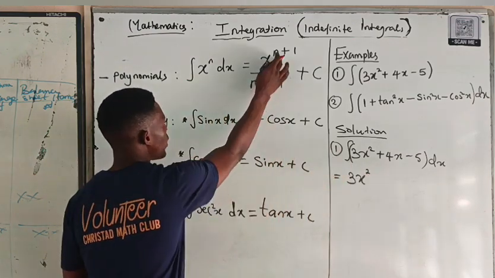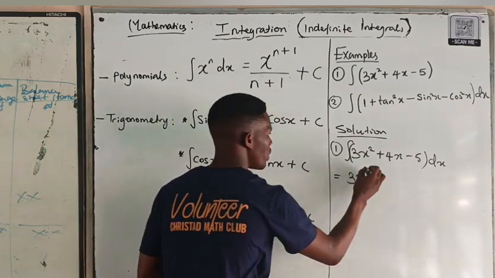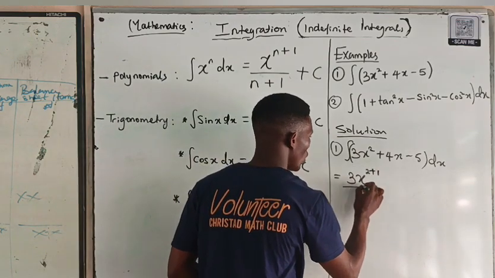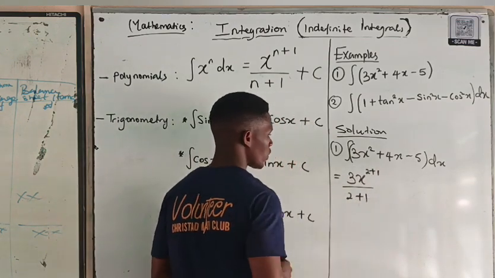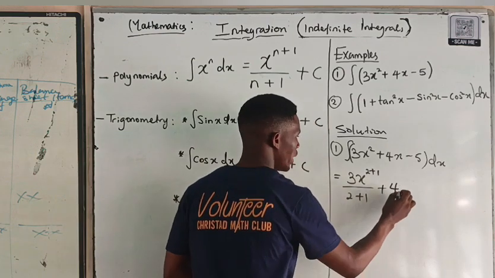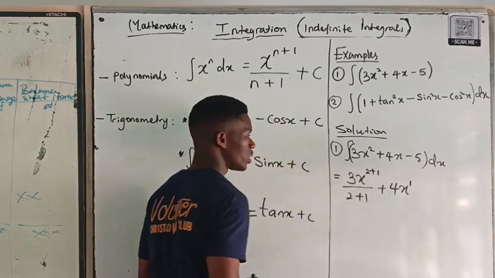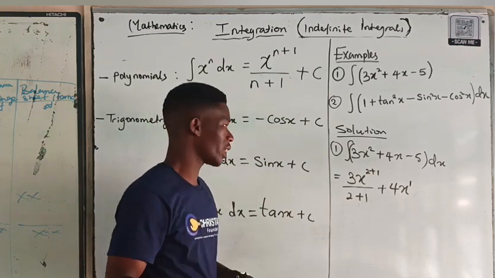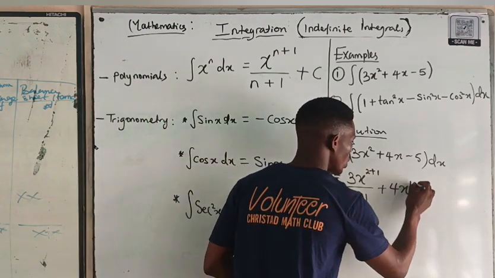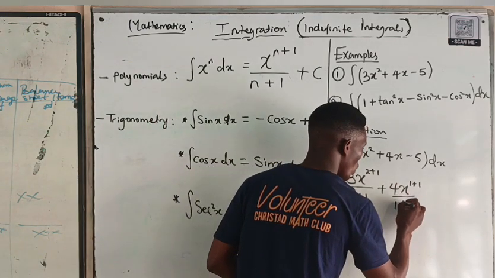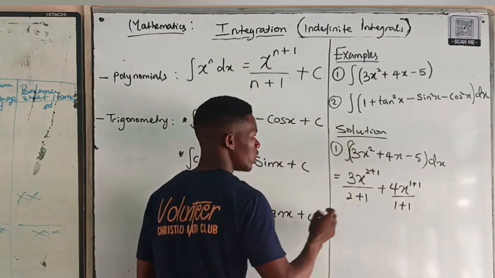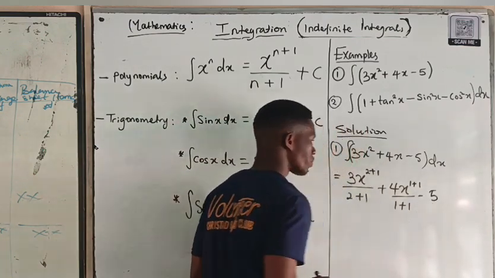Following this, we add 1 to it and divide by that. So we add 1 here, x to the power 2 plus 1, all over 2 plus 1. Then we have plus 4x. Now we have x here, the power here is 1. We call it invisible 1, right? Then we add the 1 and also divide by 1 plus 1. Then we have minus 5.